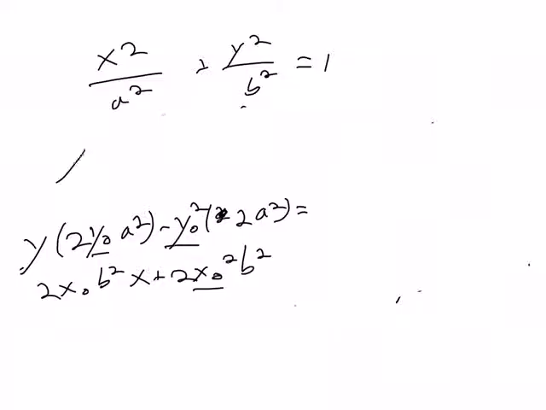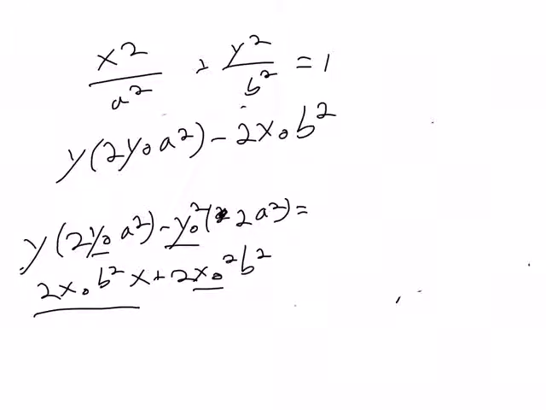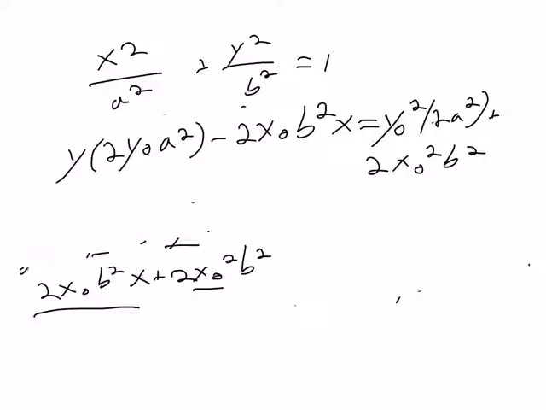So we're going to have y times 2y0 a squared, and then minus 2x0 b squared x is equal to y0 squared 2a squared plus 2x0 squared b squared. Okay.